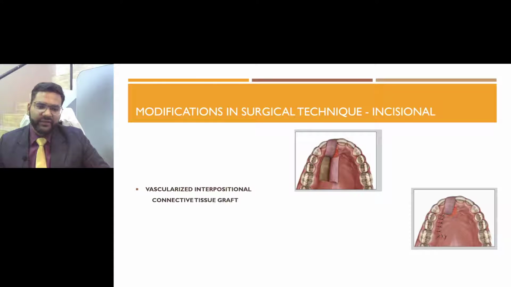A very commonly used technique nowadays is a vascularized interpositional connective tissue graft, which can be successfully used for augmenting the buccal and the vertical soft tissue deficiency in the anterior zone. This is primarily a rotated pedicle flap, similar to a connective tissue graft which is harvested, but the mesial edge of the connective tissue is not completely incised.